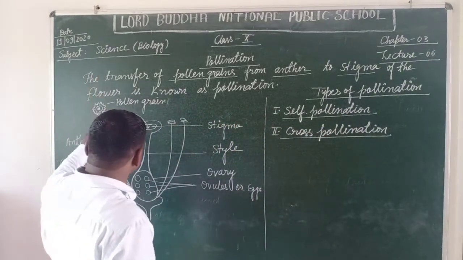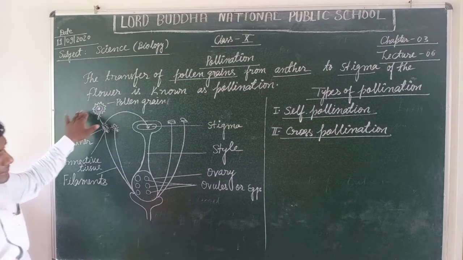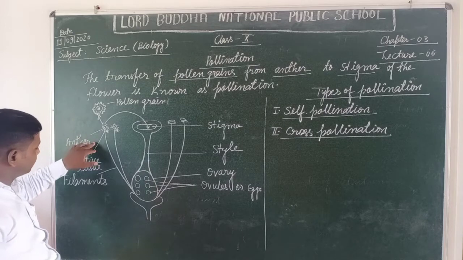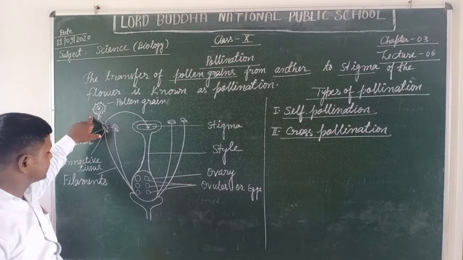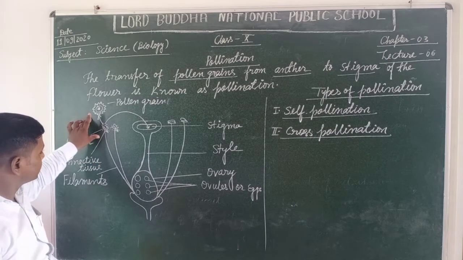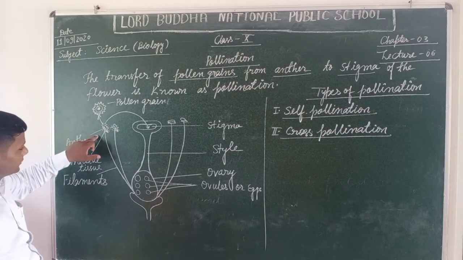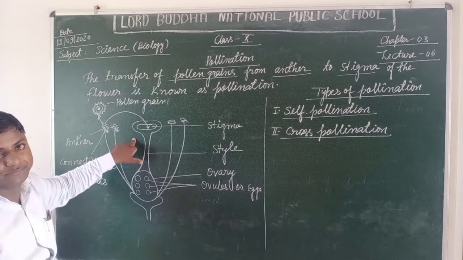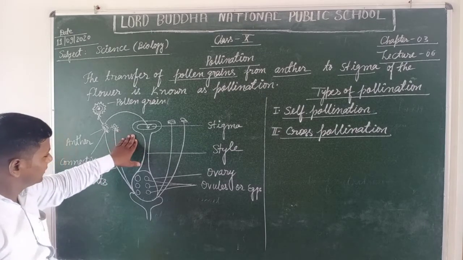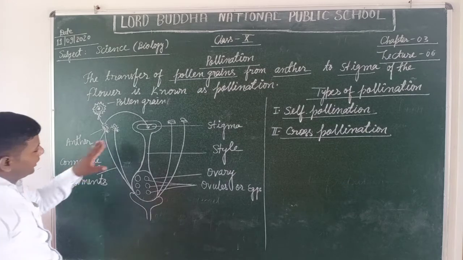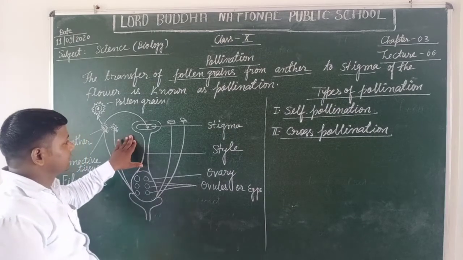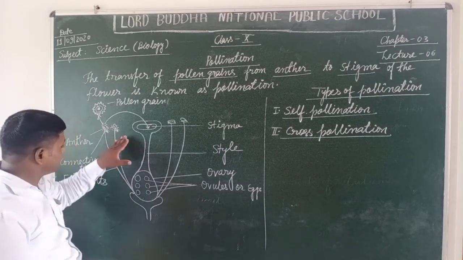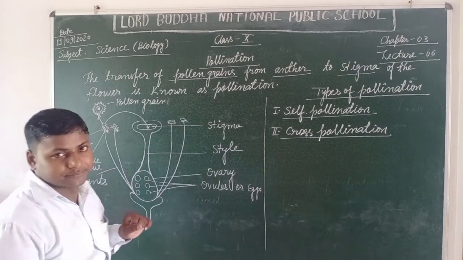Self-pollination is the process in which pollen grains are transferred from the anther to the stigma of the same flower. When such pollination takes place, this phenomenon is known as self-pollination.